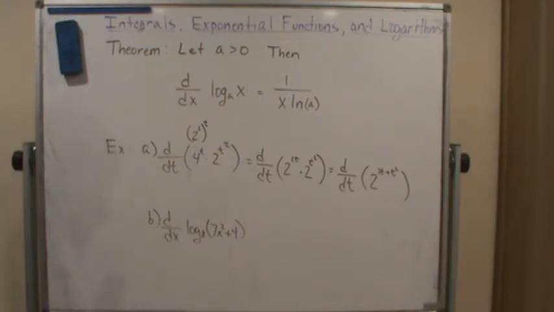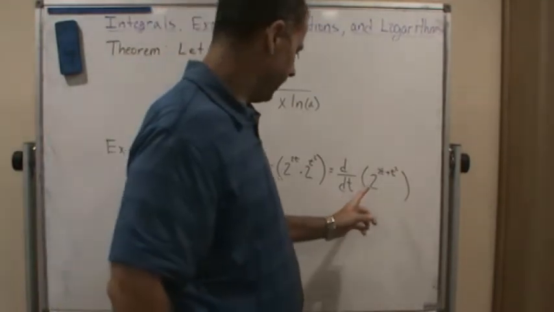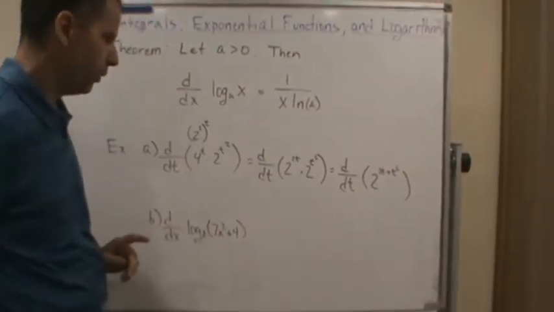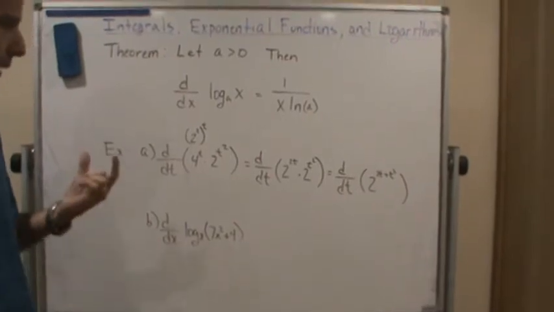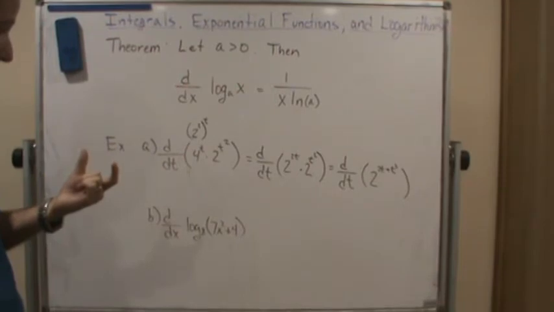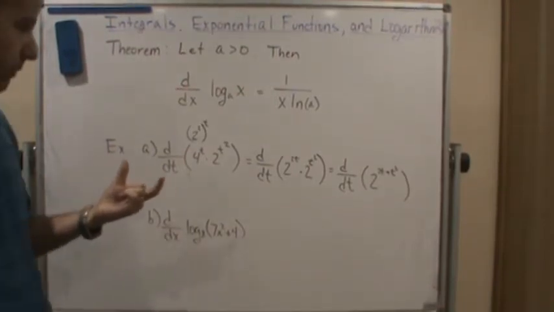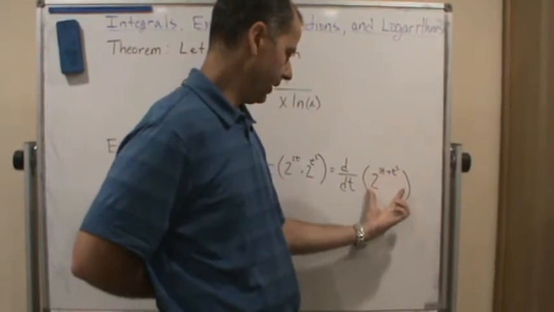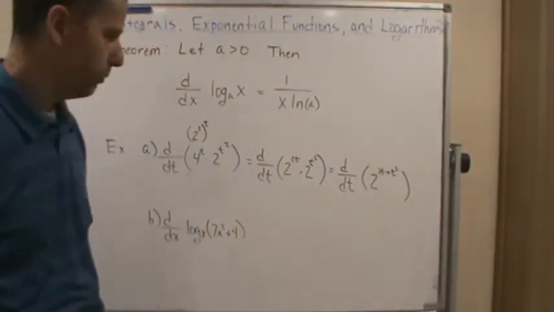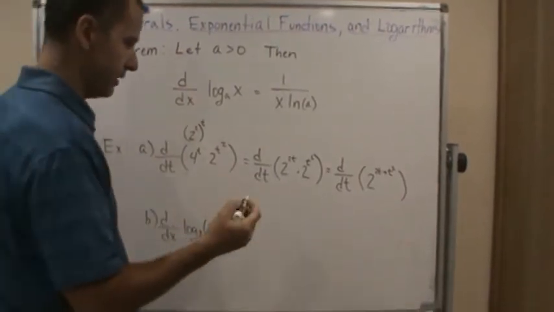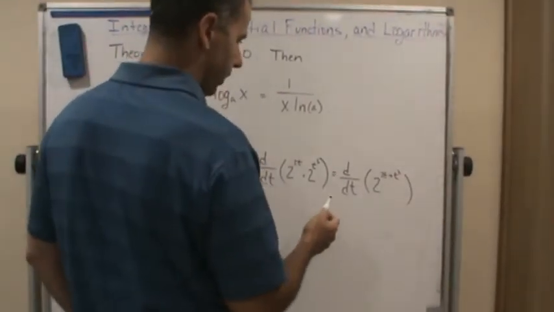Well, we're going to use the general case. Remember with the exponential a to the x, we multiply by the derivative of the inside function. So we multiply by the derivative of the inside function, and then by the derivative of the outside function, which gives us the same thing. Okay?